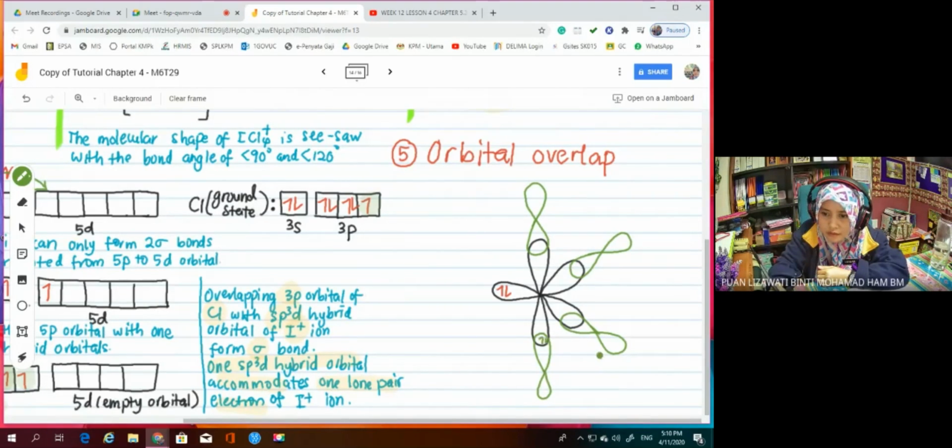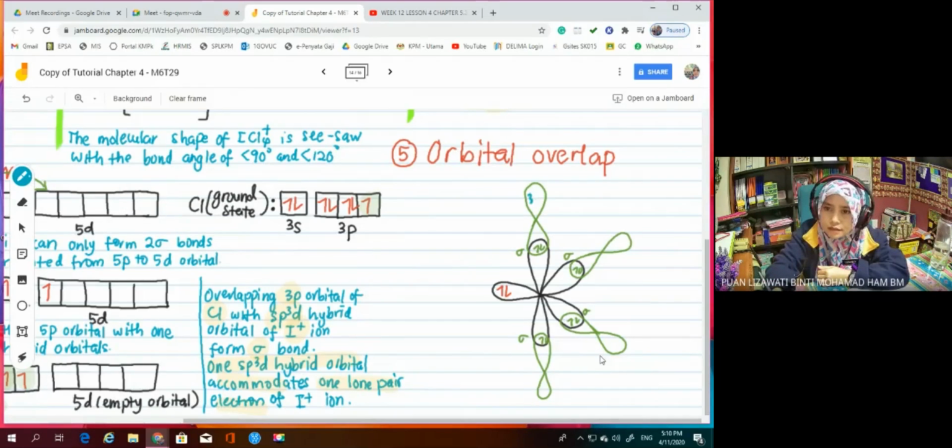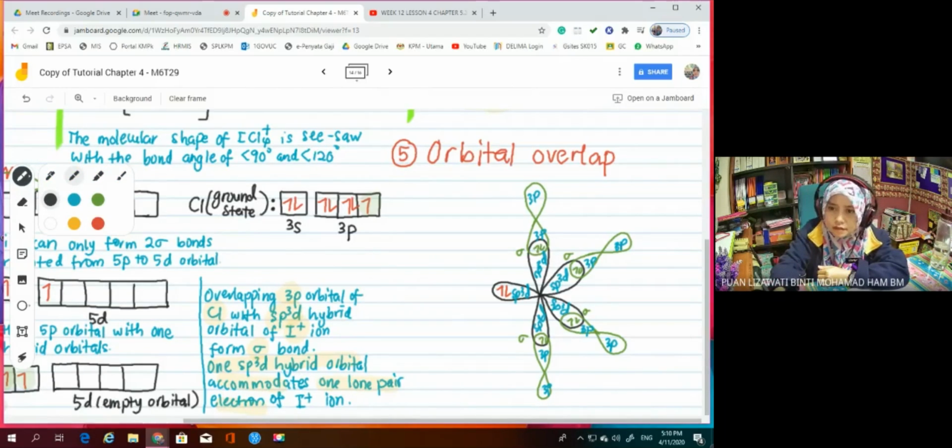Then you have to draw the electron spin inside, and you have to label sigma. Don't forget to label all the orbitals here, sp3d and 3p. Lastly, label this is Cl, and this is I.